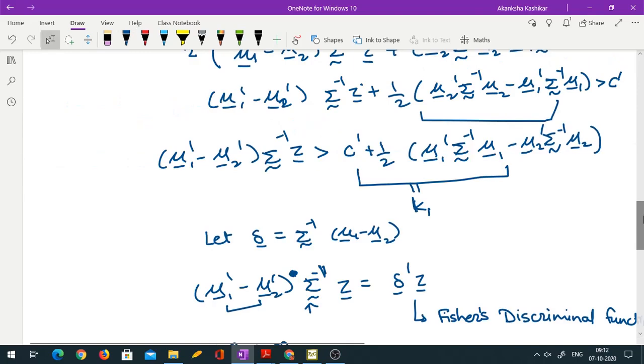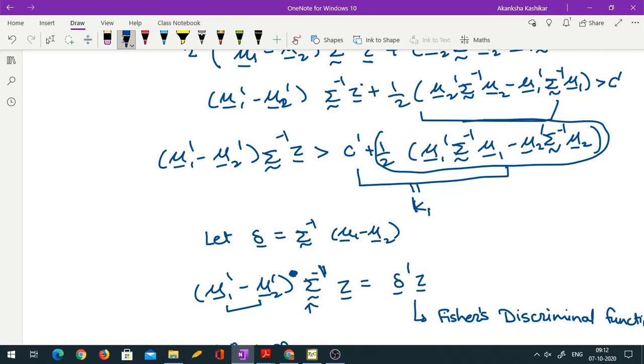another equivalent rule can be given by keeping this constant that we shifted from the right side to the left side. We can slightly rearrange this constant to get things in a familiar format. So what is that constant? mu1 prime sigma inverse mu1 minus mu2 prime sigma inverse mu2.